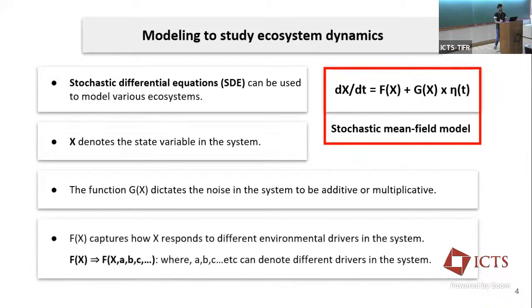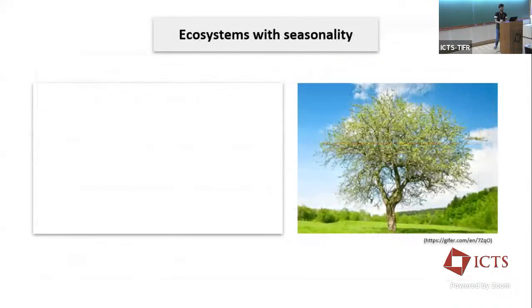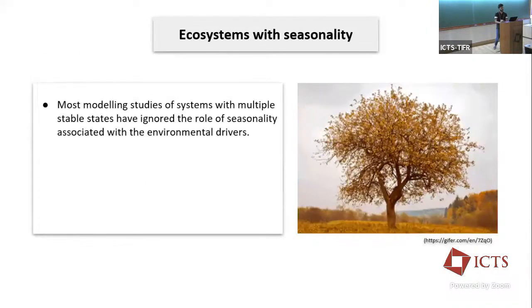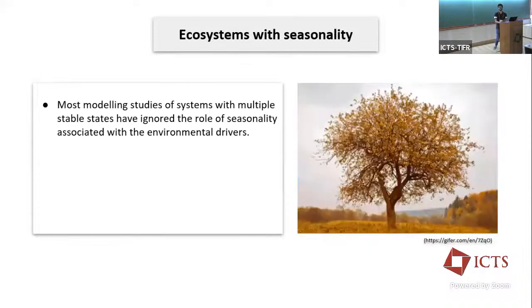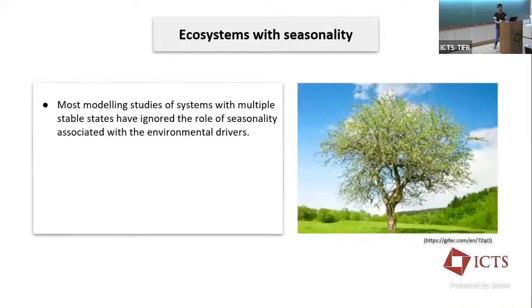So here we can model a system with different driver parameters like A, B, C, or the system can be modeled using different parameters which it depends on. But often such systems are modeled ignoring the seasonality associated with different parameters of an ecosystem.